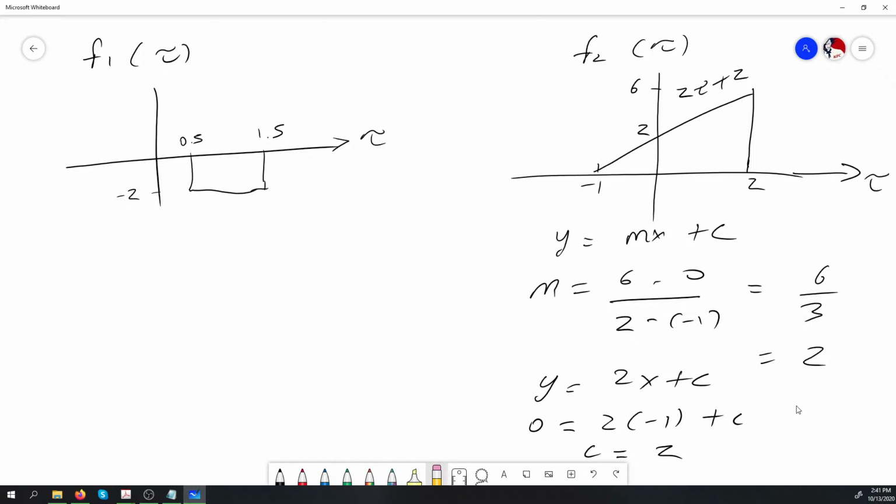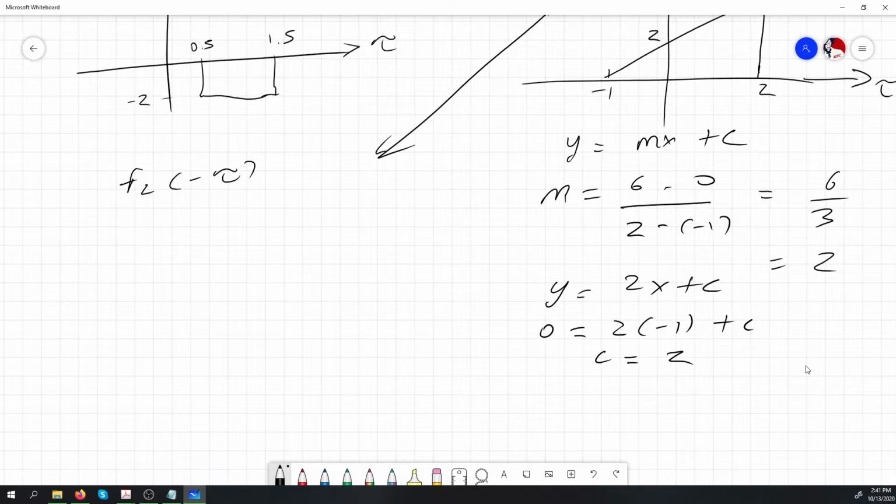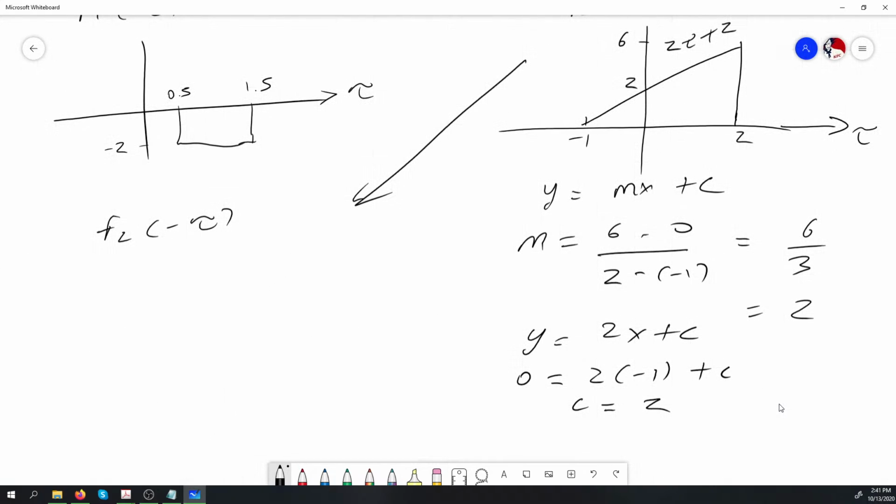Now we have to make sure that this flips accordingly, giving f2 of minus tau. What f2 of minus tau will look like is that we now have a value of 1 here, or the value of minus 2 here.